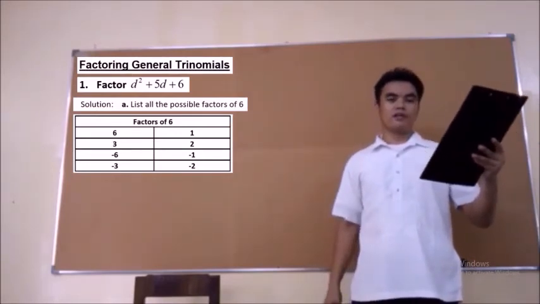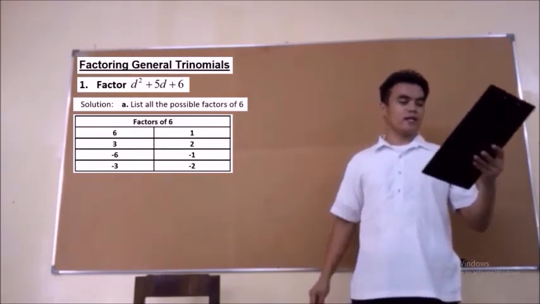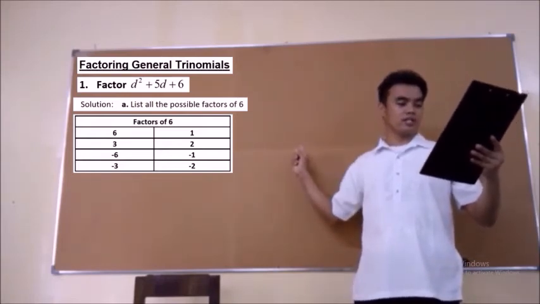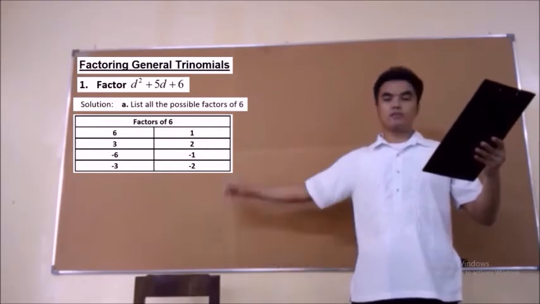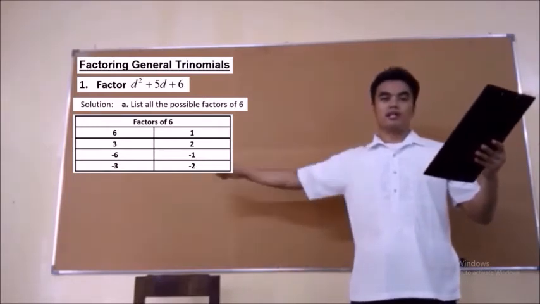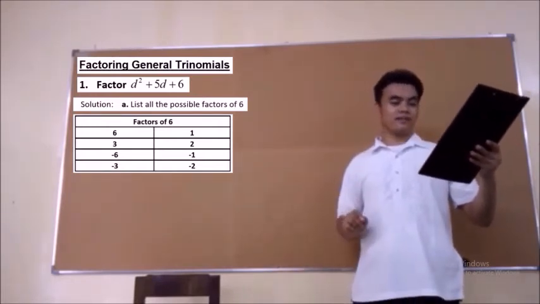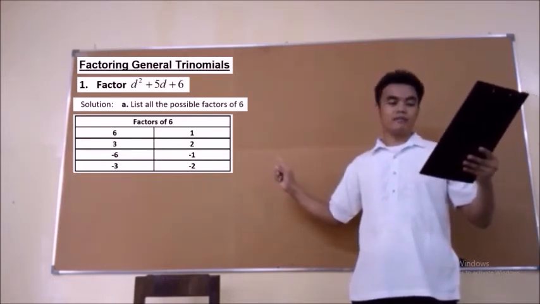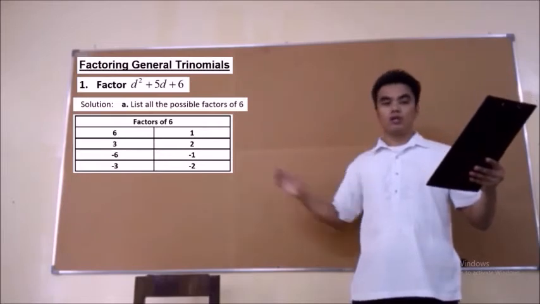6 times 1. 6 times 1 is 6. Next, 3 times 2. 3 times 2 is 6. Next, negative 6 times negative 1. That is positive 6. Correct? Next, negative 3 times negative 2.